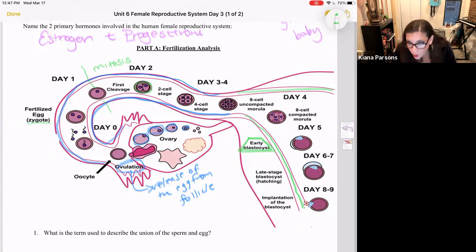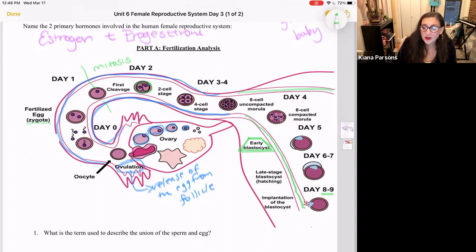But once we have the blastocyst, it's starting to look like a larger organism that is starting to form, not just a cluster of cells. But this is still very early on in the pregnancy. We're talking 10 days before it has even implanted in the wall of the uterus.